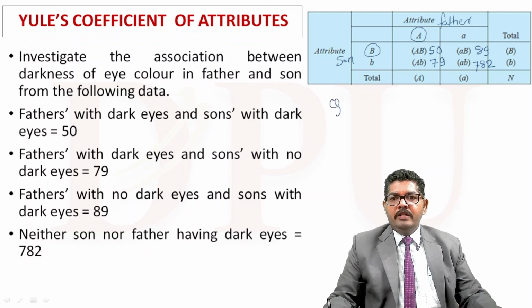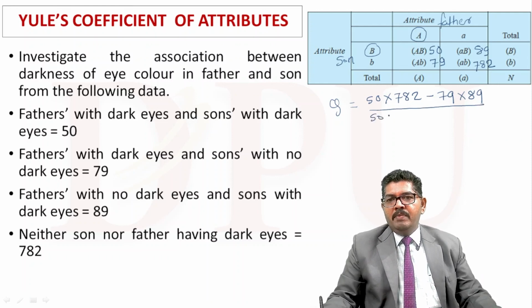How do we calculate? Q is equal to, I think without writing the formula itself we can calculate it. So 50 multiplied by 782 minus 79 multiplied by 89, divided by 50 multiplied by 782 plus 79 multiplied by 89.